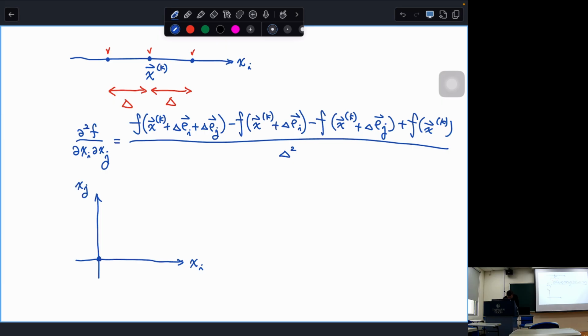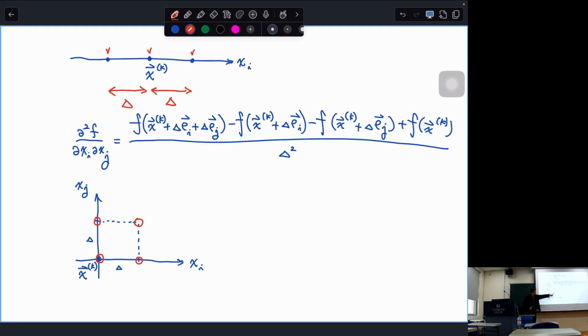Here is your xk. And you are having delta increment on two directions. One is along the ith direction, the other one is along the jth direction. So you will be using 4 different positions for your function values.